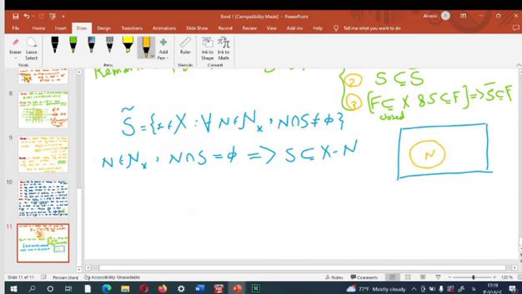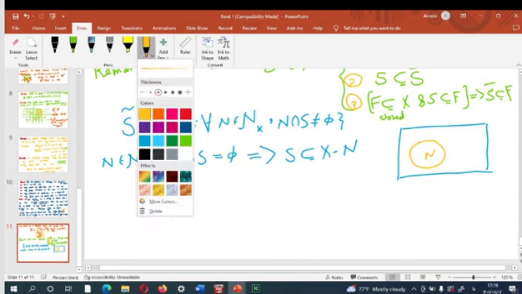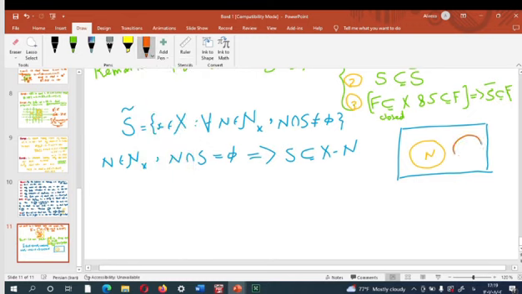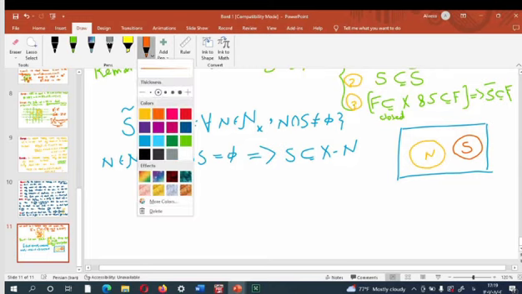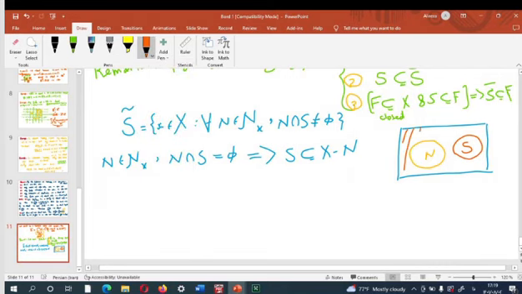If this N and S are disjoint, then S is a subset of the complement of N, and this complement must contain the whole of S.